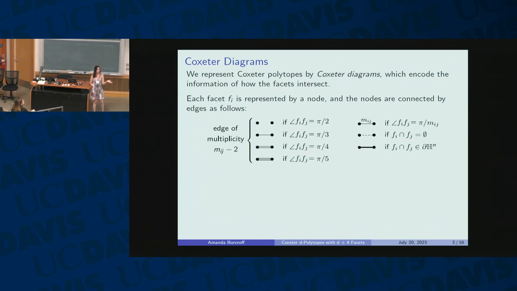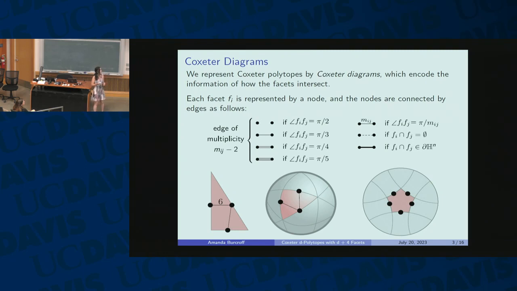If that intersection is an angle of pi over 2 up through pi over 5, we connect it with a denominator minus 2 fold edge. If that denominator is 6 or greater, then we connect those two nodes by an edge whose label is the denominator. The last case that we'll see most often is if these facets do not intersect, we connect them with a dashed line.